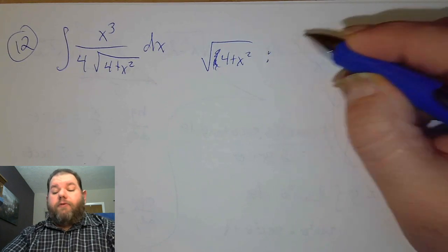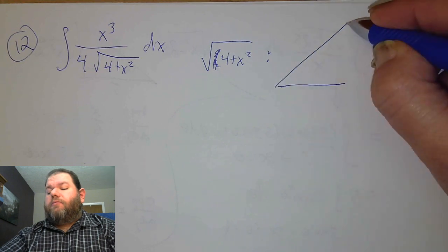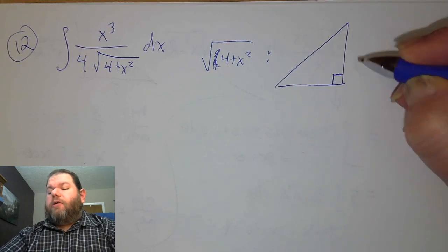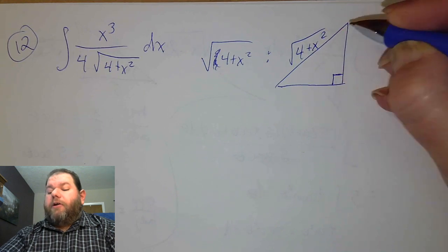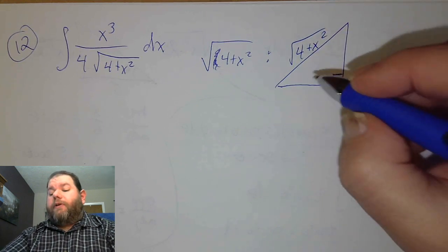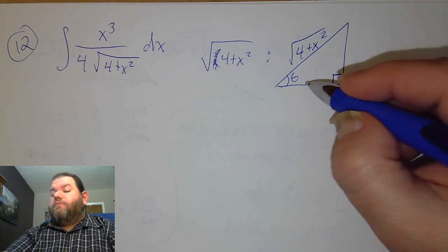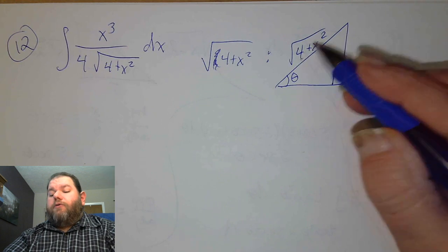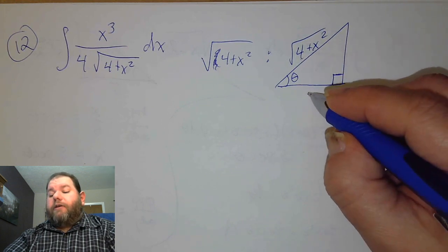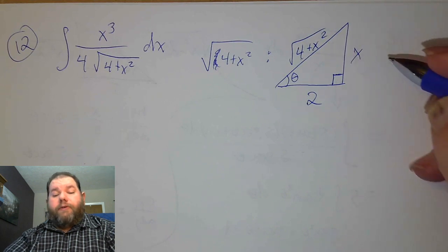But we have a sum of two squares is what that amounts to. So if we have a sum of squares, we know that that's going to be our hypotenuse, square root of 4 plus x squared. That means one leg is 2 and the other is x. Now again, I would stress we want 2 on the bottom, and then x would be our vertical side.